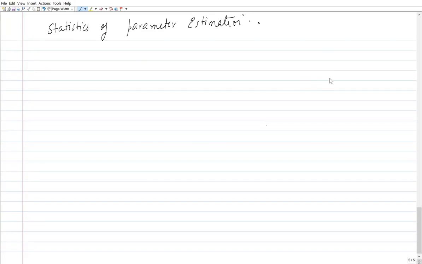So we come to the statistics of parameter estimation now.